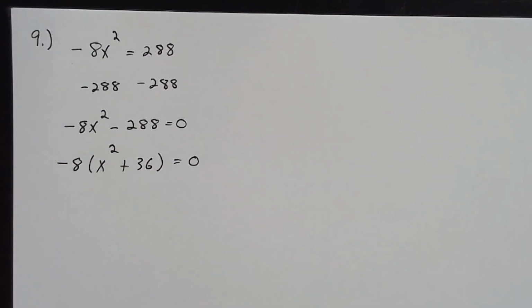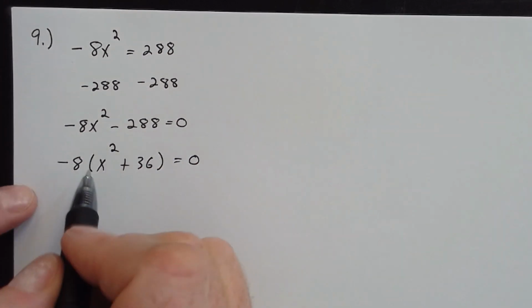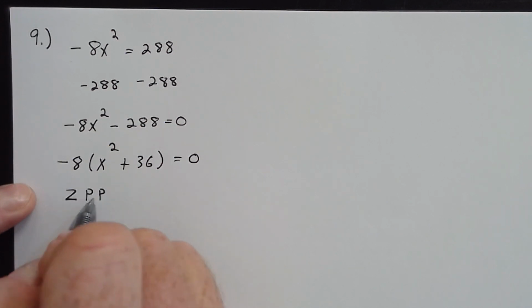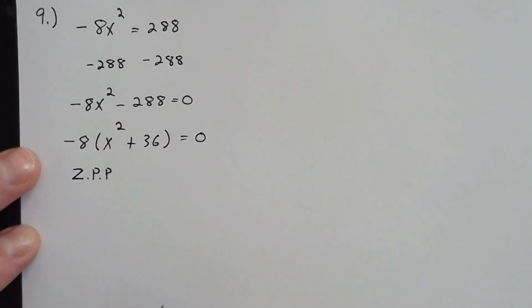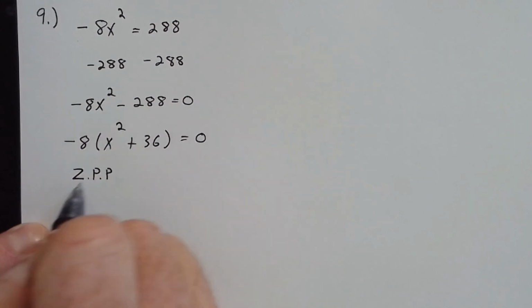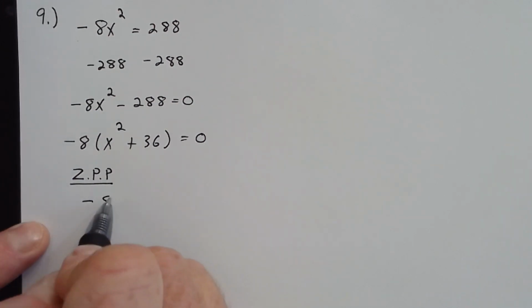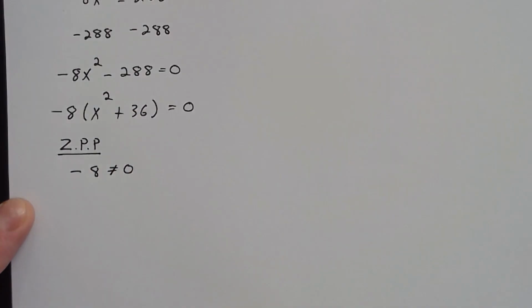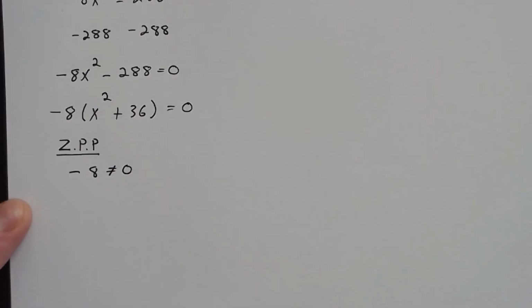Now we are at the zero product principle. We know that negative 8 is certainly not equal to 0, so we just leave that.